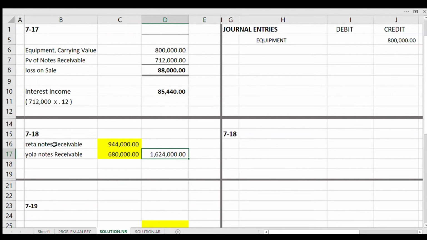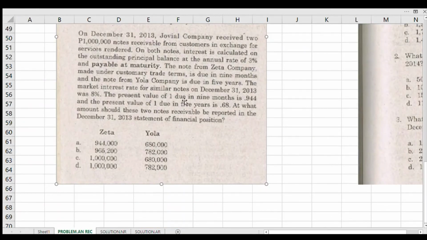Well, it depends, like in the case of Zeta, which is due in 9 months, so it's going to be a current note receivable, compared to the other one, Yola note receivable, which is going to be a non-current notes receivable, for that matter.